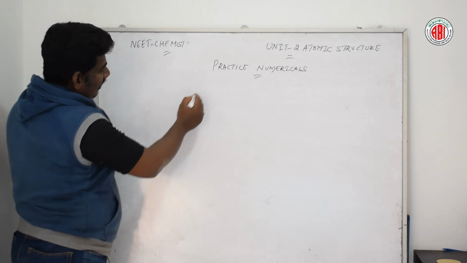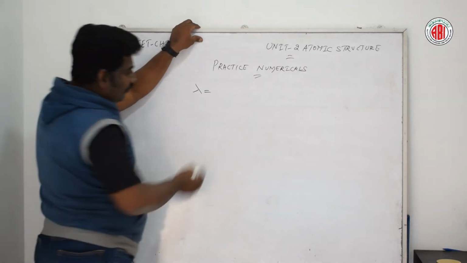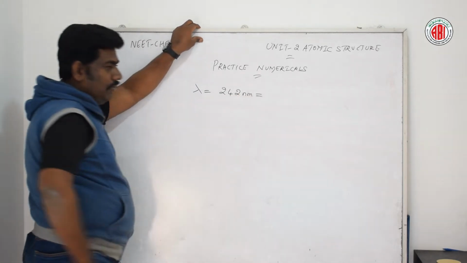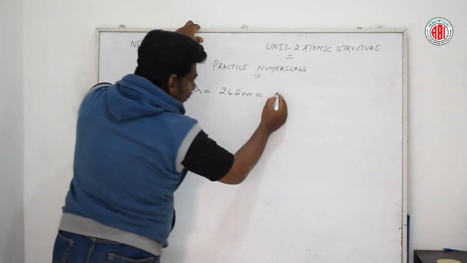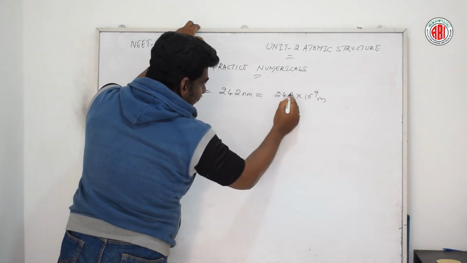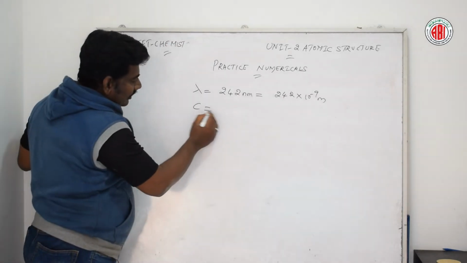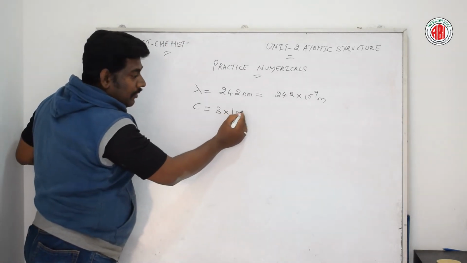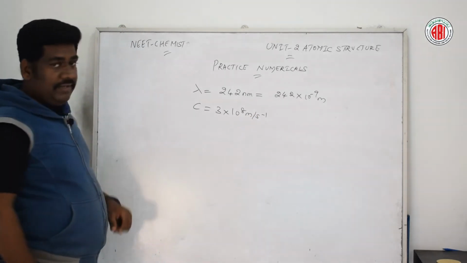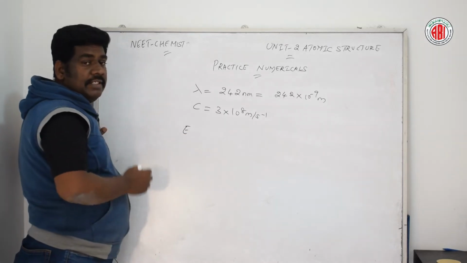So here the lambda value given in the question is 242 nanometer, to be converted into meter, that is 242 into 10 to the power of minus 9 meter. Next, the C value is 3 into 10 to the power of 8 meter per second. Now let us find the value of energy.